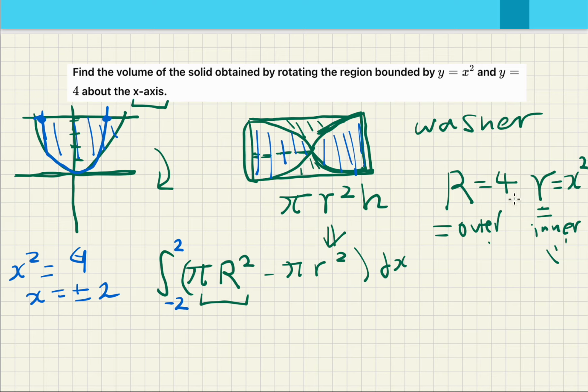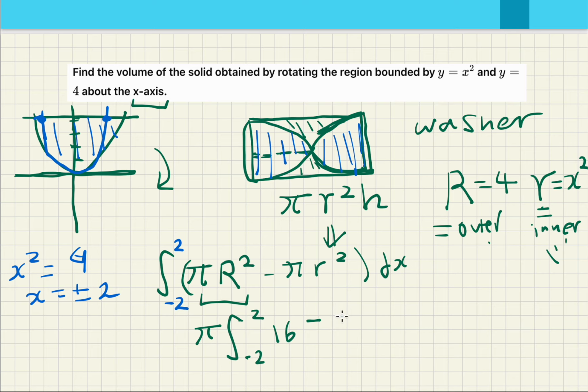So large R we talked about was 4. Before we do that, we can take the constants out. Pi is a constant, so we can take that out. And we get R squared, which is 16, because 4 squared is 16, minus small r squared, which is x squared.